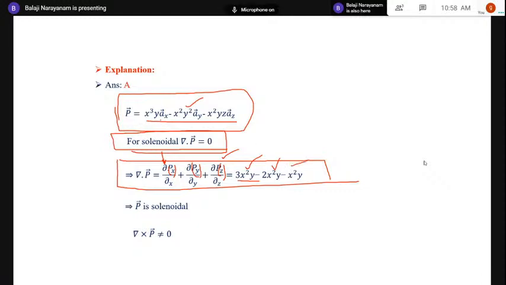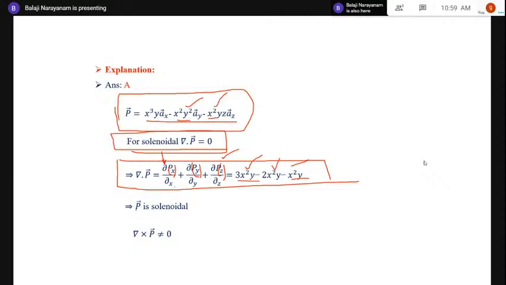Differential of x cube y with respect to x is 3x square, so we got 3x square y here. Differential of x square y square with respect to y: x square is treated as a constant, dou y of y square will result in 2y. So hence you got x square y. Dou by dou z of the last term gives x square y.